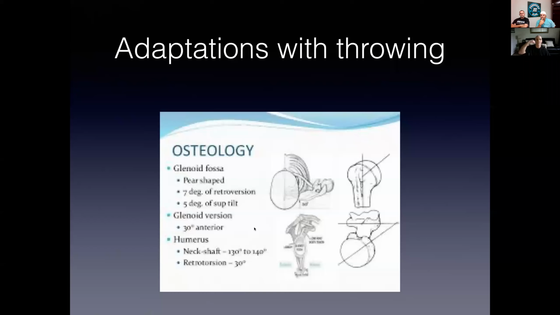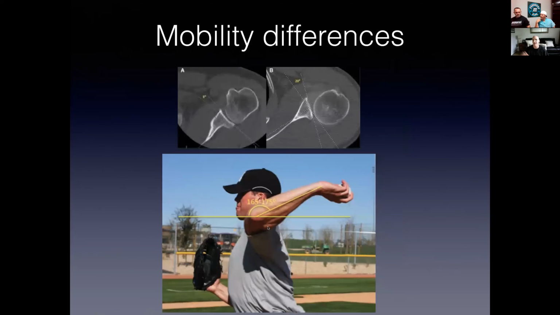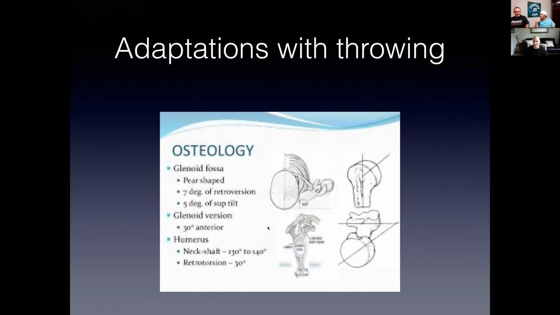Those fusion sites progress over time. I actually thought I had a slide for it, but I think I took it out because I didn't want to be too overwhelming. But suffice to say, most of the growth in the humerus and that area of the glenoid takes place around ages 6 and about 14-ish.